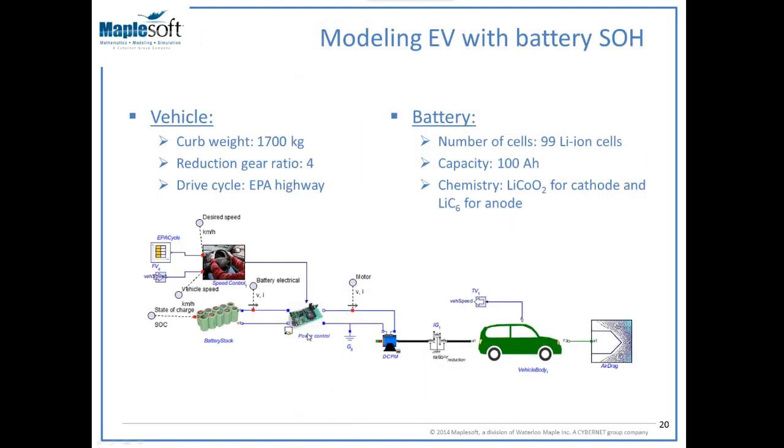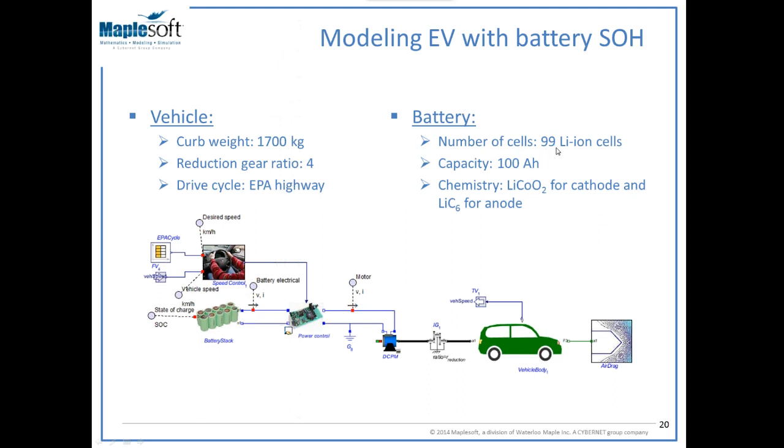This is a second model that demonstrates the use of the battery component library with state of health. The model that you see here is for an electric vehicle with battery state of health, and we can see some of the parameters of the vehicle in the column on the left hand side, and the battery parameters on the right hand side.